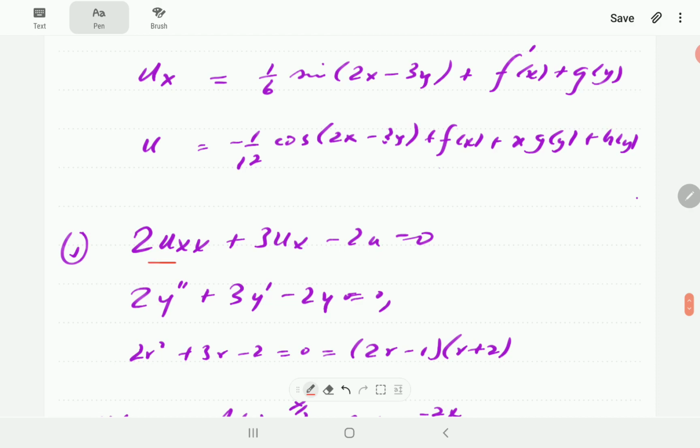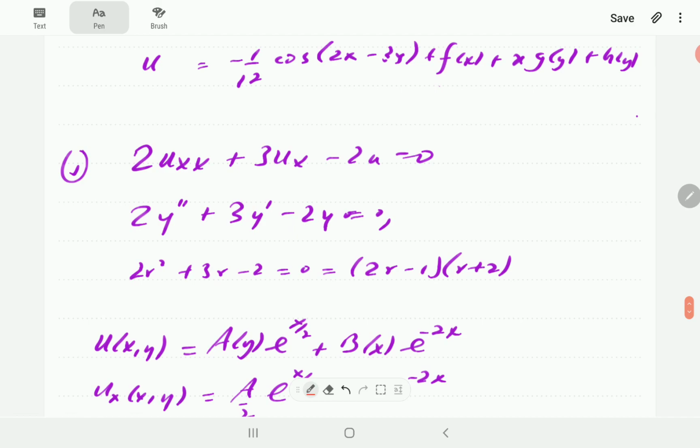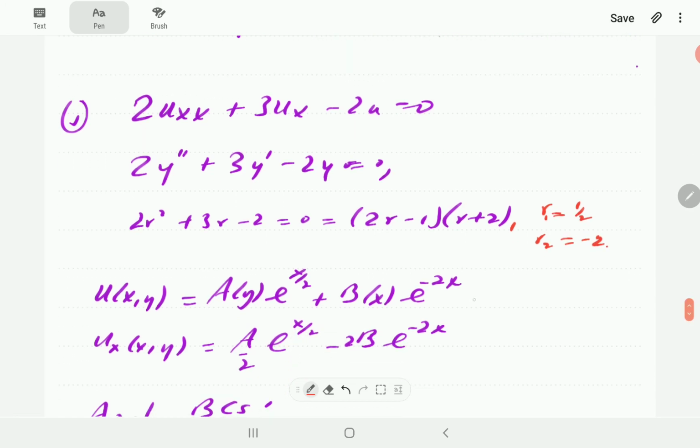Here we have, in J, only derivatives with respect to x, so we can treat this like a second order linear ODE. The roots of this are going to be 1/2 and -2. So the solution is going to look like this.